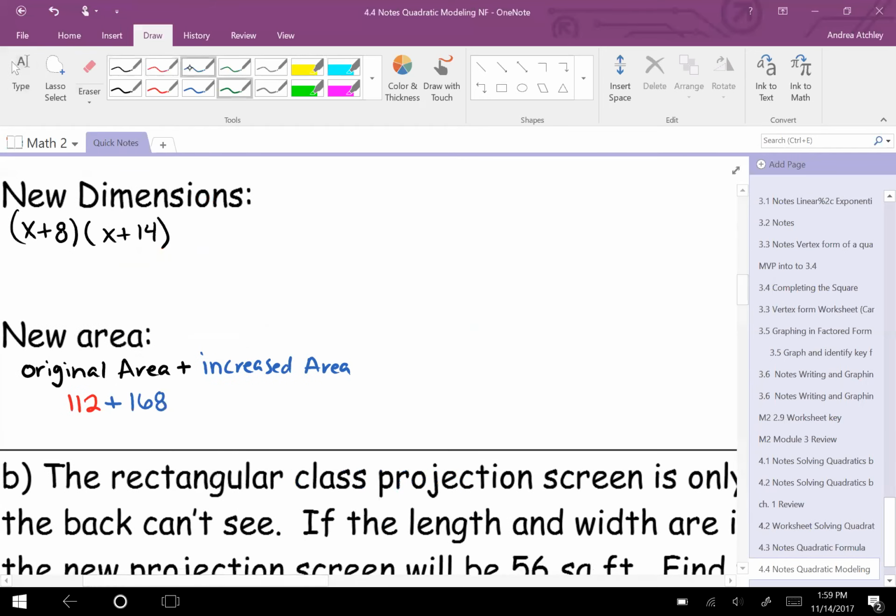Okay, so now we're going to actually solve our problem. So I have my area, x plus 8 times x plus 14 is going to equal my new area of 280.